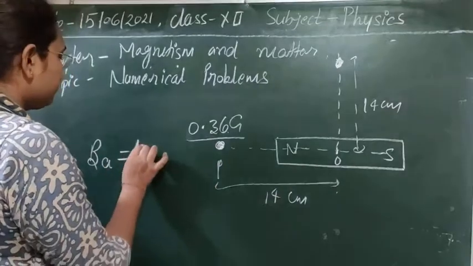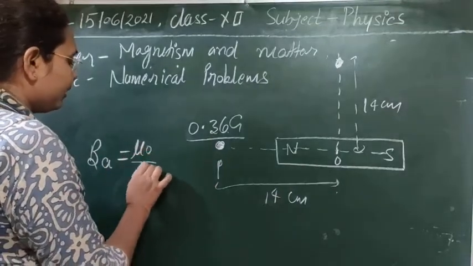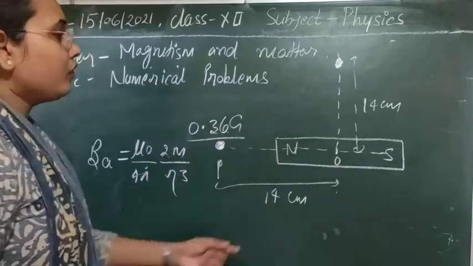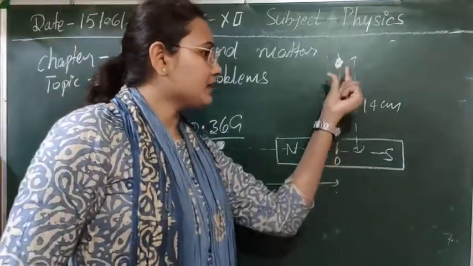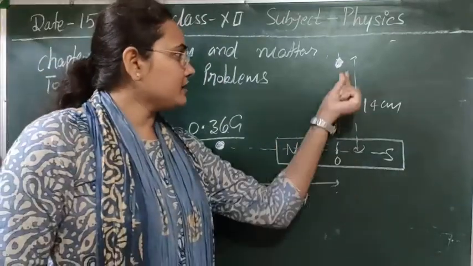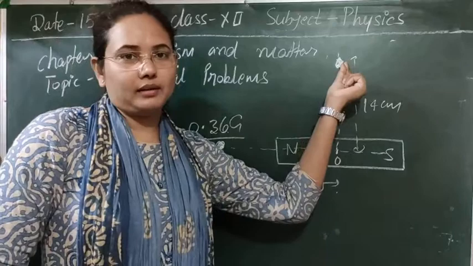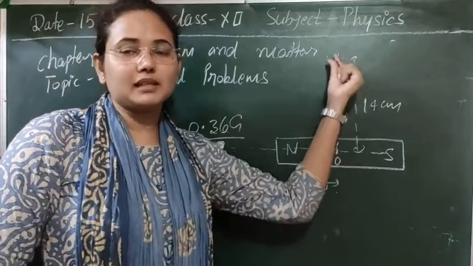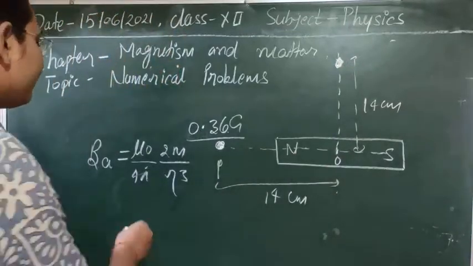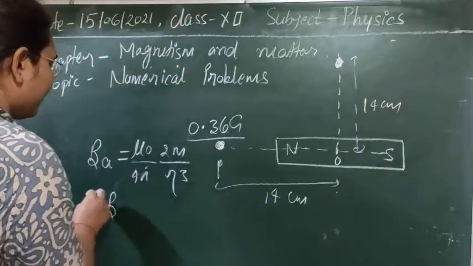This equation is given by mu 0 upon 4 pi, 2m upon r cube. Now it is given that at the same distance r, that r is equal to 14 centimeter, at the equatorial point, perpendicular bisector means we are talking about the equatorial point. At this point we have to calculate the total value of the magnetic field.